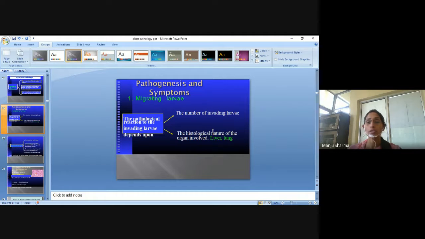Now the pathogenesis and symptoms, like migrating larva. Firstly, the pathological reaction to the invading larva depends on the number of invading larva and the histological nature of the organ involved, that is liver or lungs.